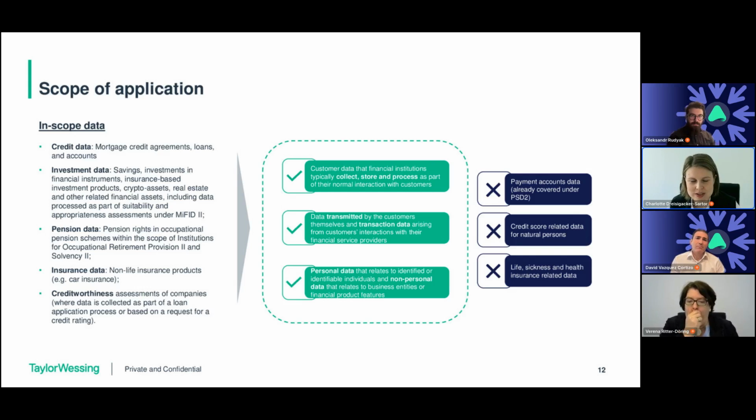We have just heard from Verena that FIDA is covering a broad range of data, and specifically FIDA applies to financial data from the customers relating to the credit sphere, and also to the sphere of financial instruments or insurance-based structured products, and also to crypto assets, and to some form of pension data.